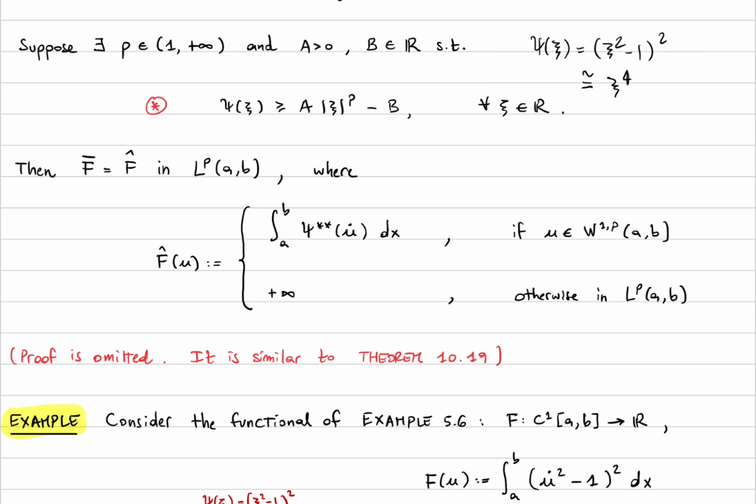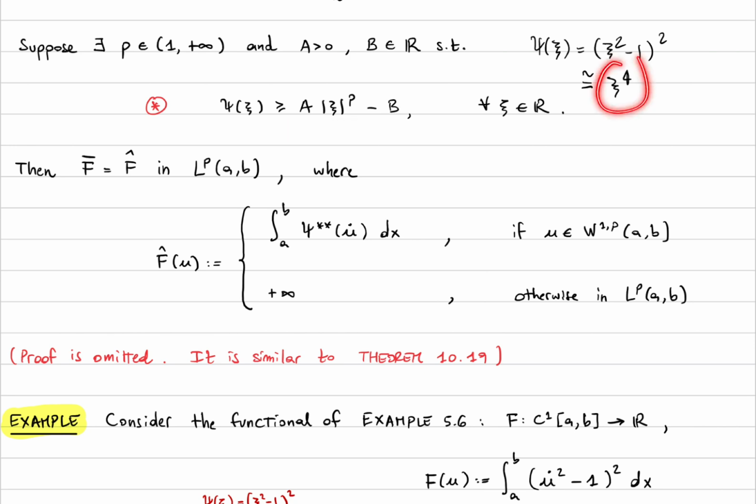this estimate, with psi replaced by the double well, holds. But then it just becomes an exercise of analysis, not even analysis one, probably high school.